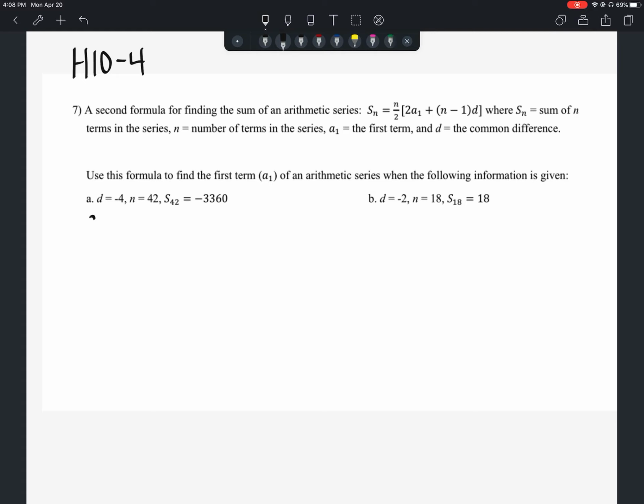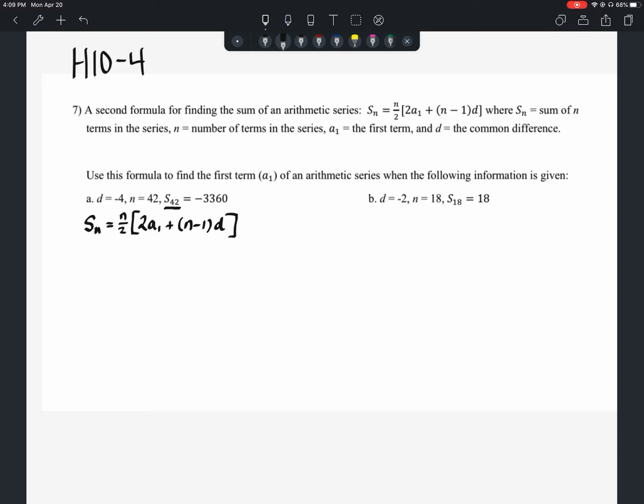So we're going to take this here. We're going to take our S sub n is equal to n divided by 2 times 2 times the first term plus n minus 1 times d. Okay, so we're going to just basically plug the numbers in and solve it to figure out what the first term in this series is. So when we're doing that there, we have S sub 42 really is like our S sub n, since we know that there's 42 terms, right?